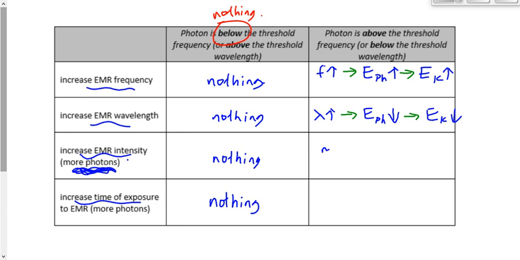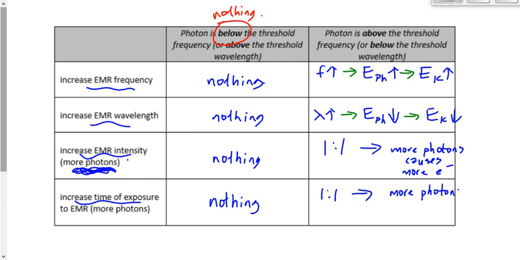Remember, it's a 1-to-1 ratio. Therefore, more photons cause more electrons to be ejected. And if you increase the time of exposure, you're doing the same thing. You're just doing it over a period of time. Still a 1-to-1 ratio. More photons cause more electrons.